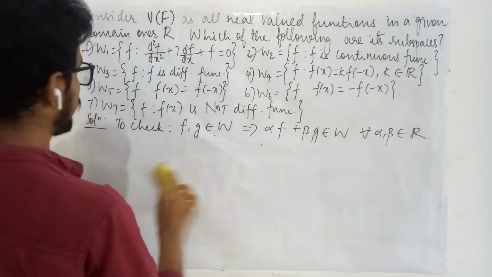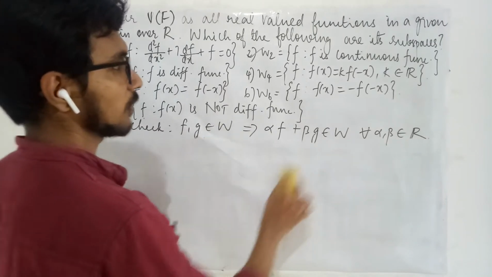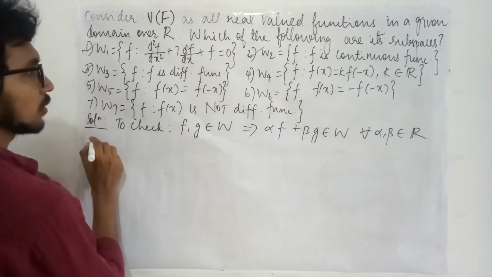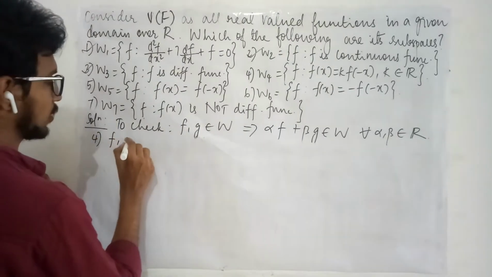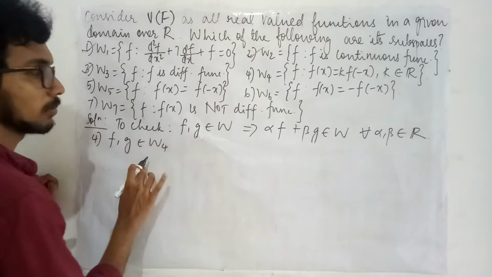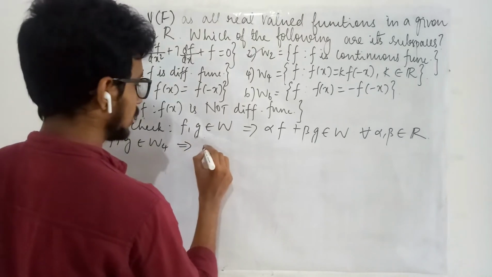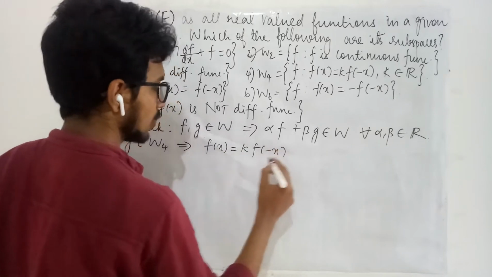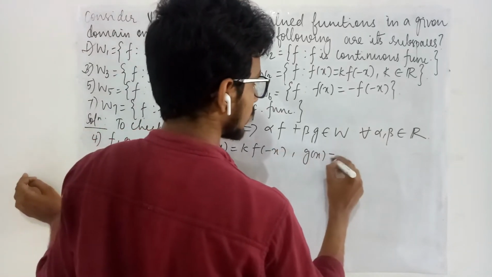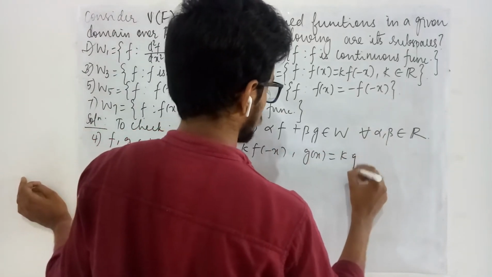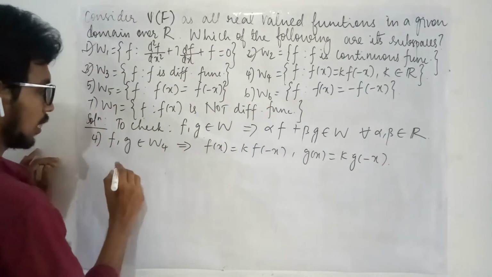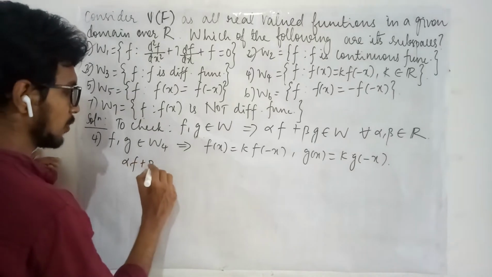Now let us get into the fourth one, that is all those functions satisfying this condition. What I am doing is taking two functions from W4. This means f of x is satisfying this condition and g of x is also satisfying this condition. Now I have to check alpha f plus beta g.